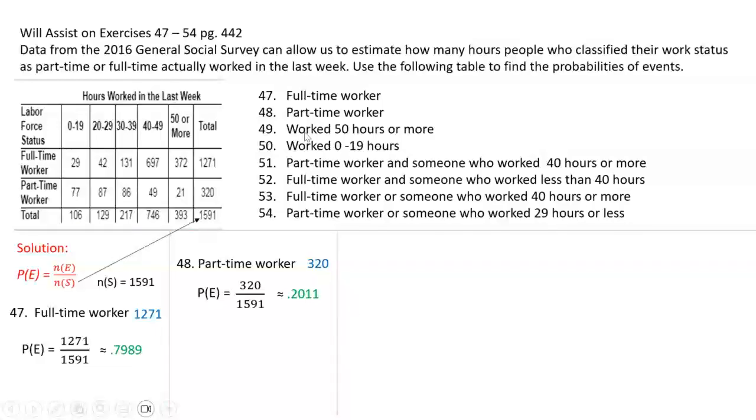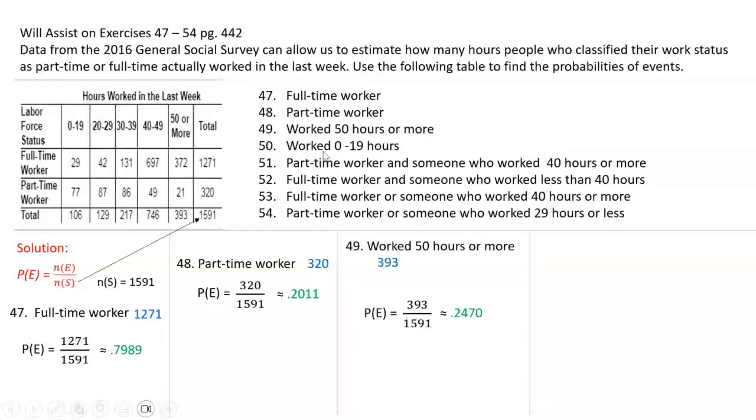Okay, now 49. Work 50 hours or more. Let's see here. It's going to be this one here. 50 hours or more will be 393 over the sample space, which will give us approximately 0.2470.